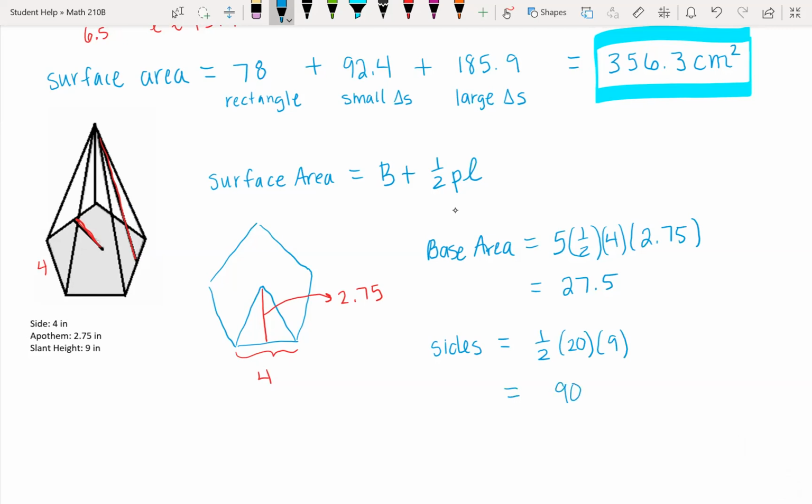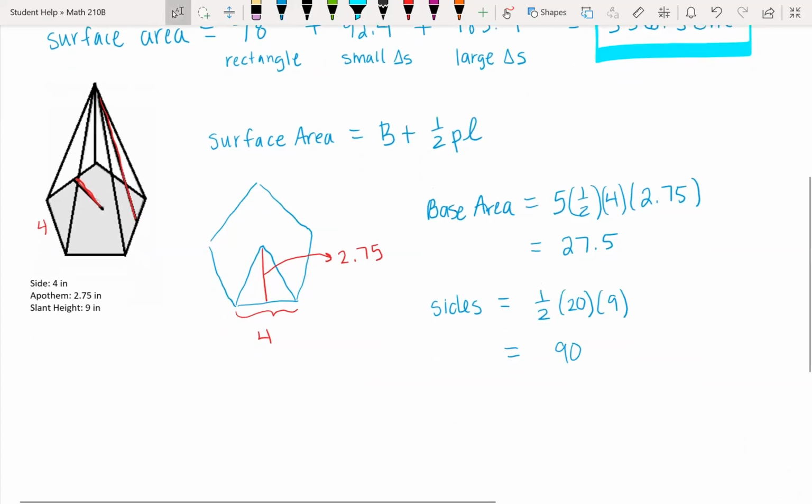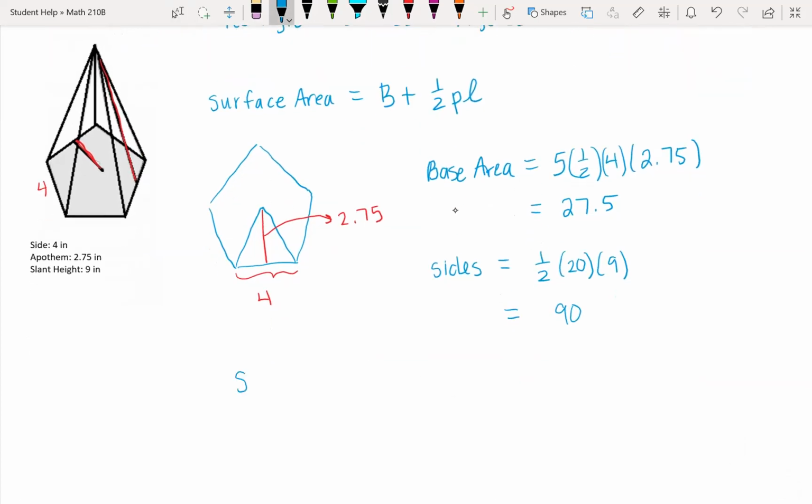So I think that the total surface area is the base, 27.5, plus all the sides together, which is 117.5. And our units are square inches.